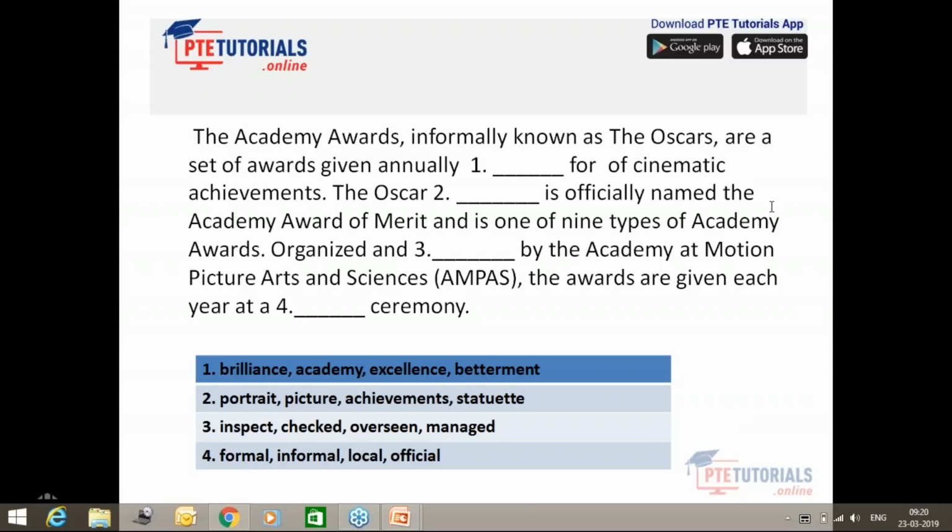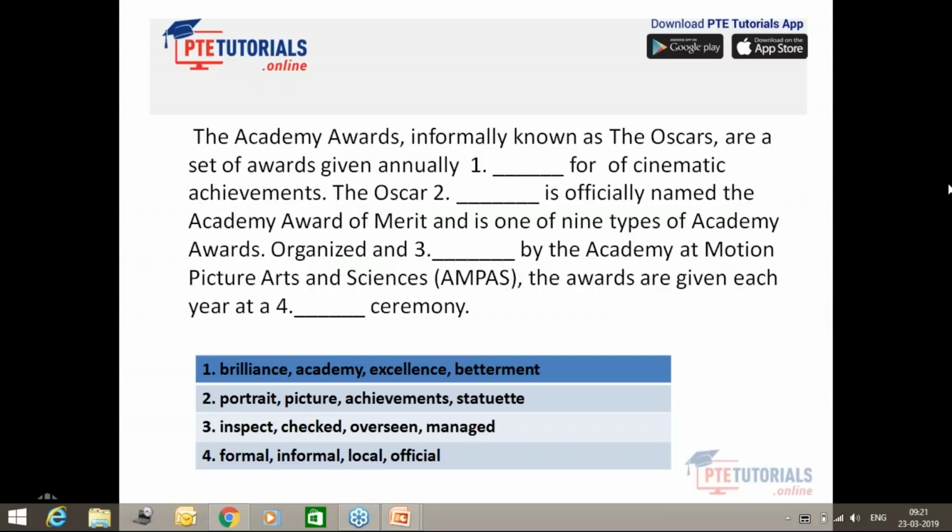Bahadur sir, betterment? How can I write annually betterment for cinematic? No. Then it is achievements. The Oscar achievements. I cannot write a plural word here with is. Bahadur sir, work on your grammar.